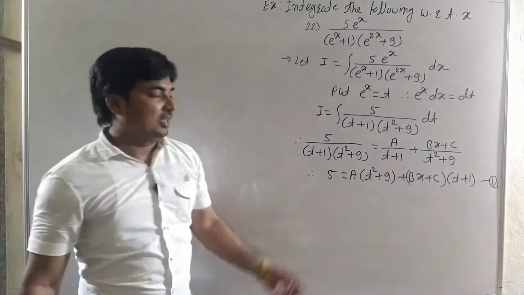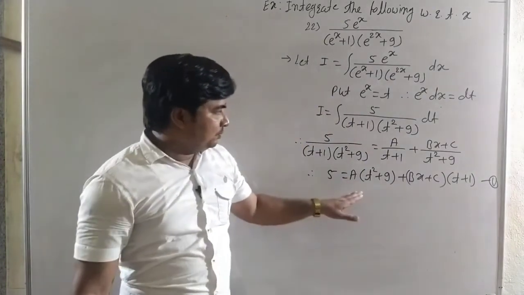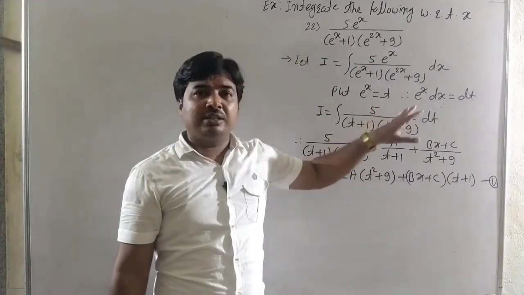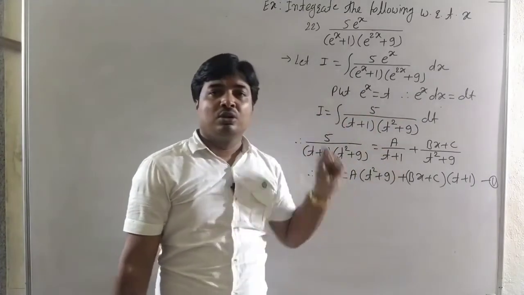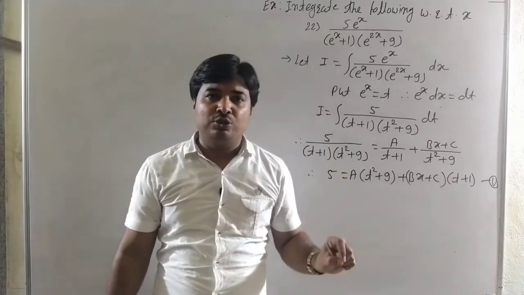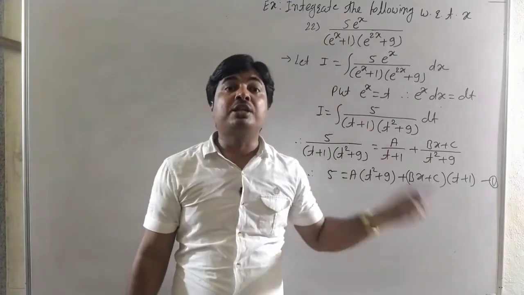Now we can find the values of A, B and C. There is only one linear factor, that is t + 1, so we put t + 1 equal to 0, that means t is equal to minus 1.